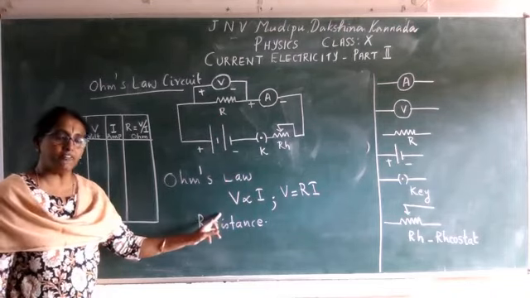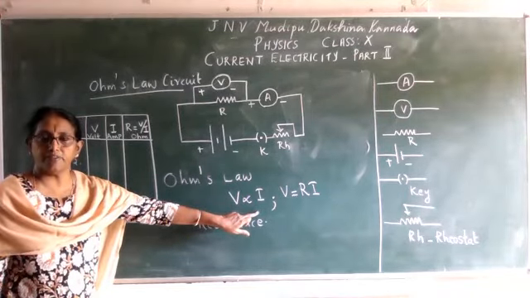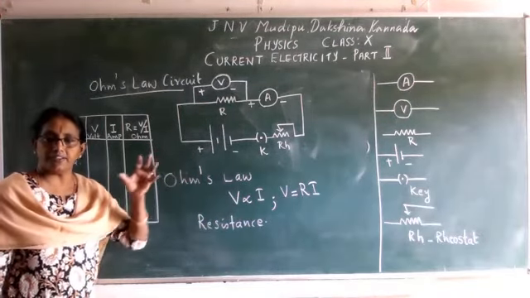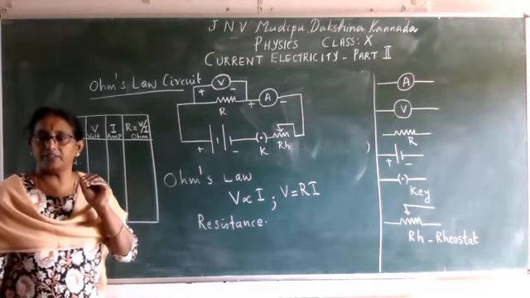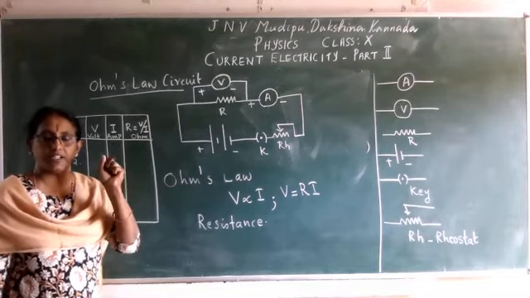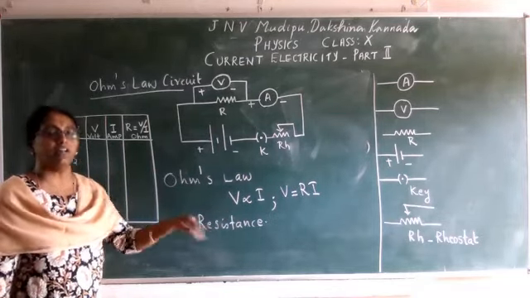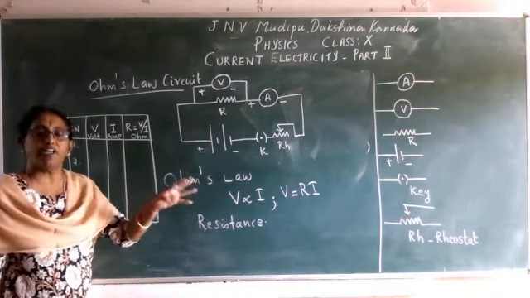If V is 0.5 volt, I can be 0.1 ampere. Therefore, you will get a value of resistance: 0.5 by 0.1, it will be 5 ohms. Similarly, next if you take another value of V, I will also change. Again the resistance value will remain 5 ohm itself.